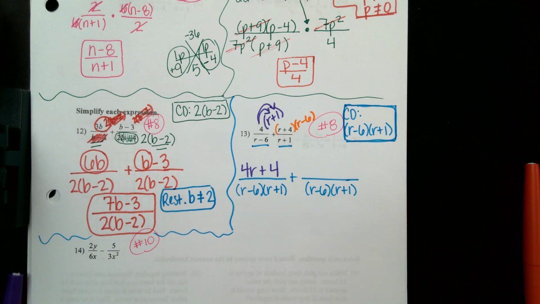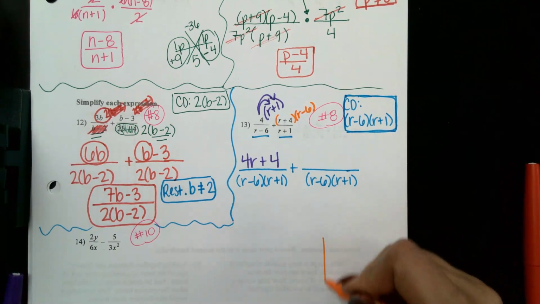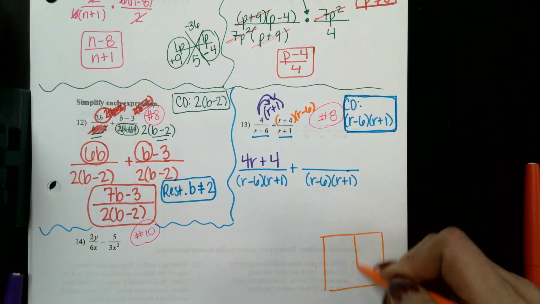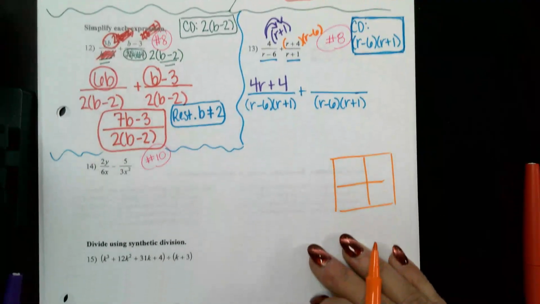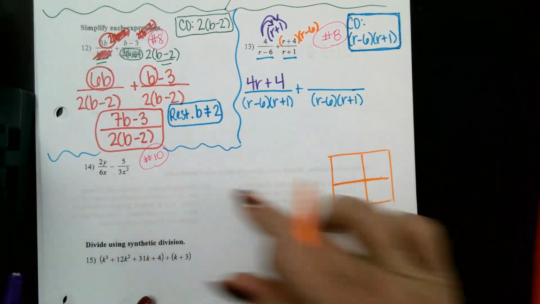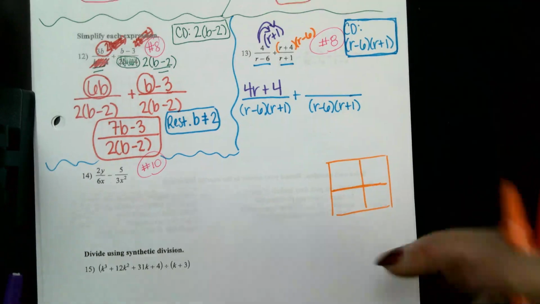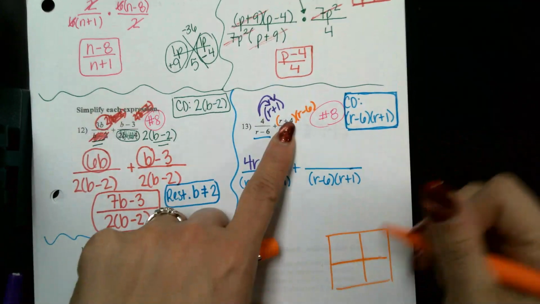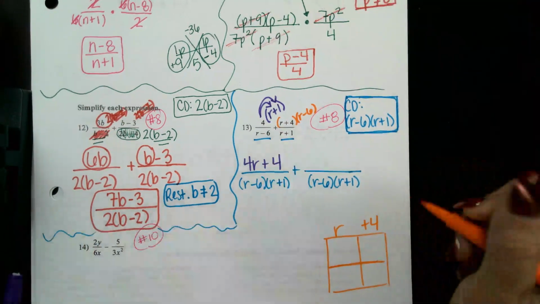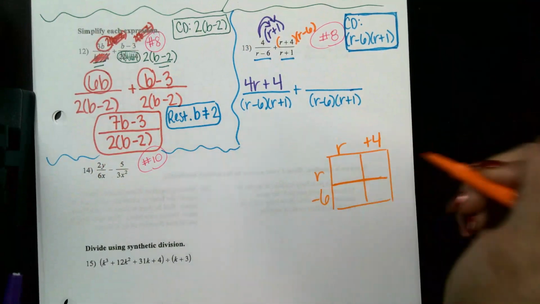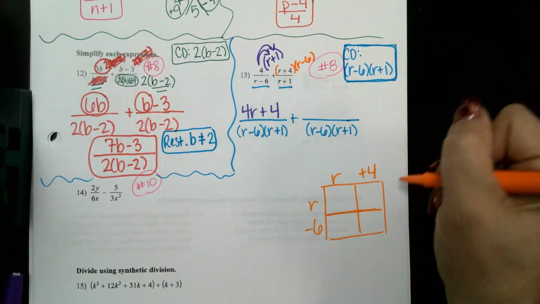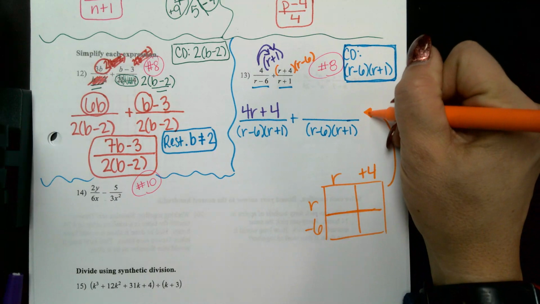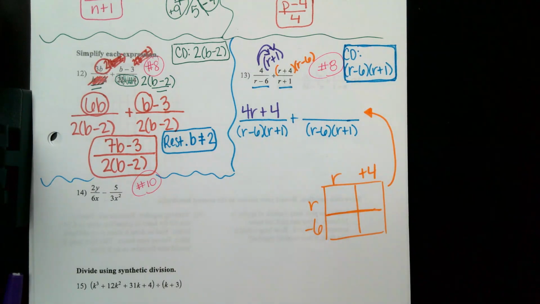A box problem. So I'm going to go down here because I know I won't need all this space down here for number 14. So I'm just going to do this over to the side. It was r plus 4 times r minus 6. And whatever we get inside this box, that is the new numerator for the second fraction.